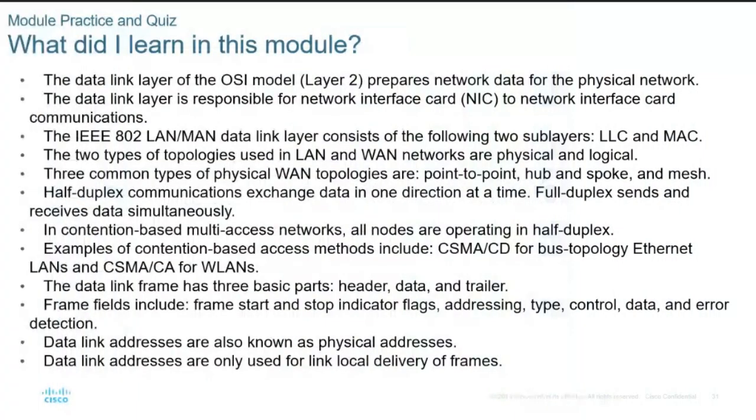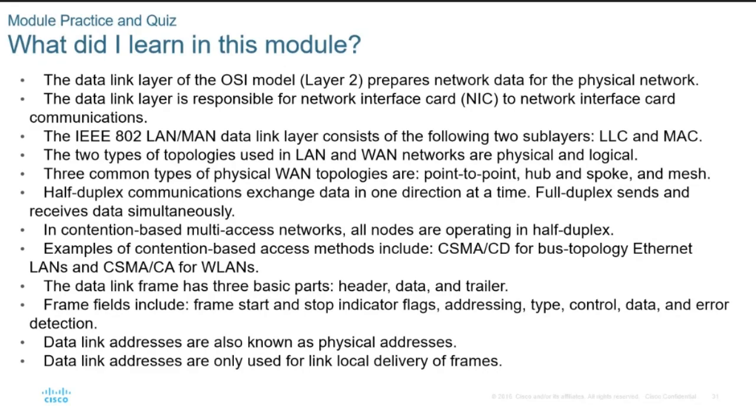So, what did you learn in this module? The data link layer of the OSI model, layer 2, prepares network data for the physical network. The data link layer is responsible for network interface card to network interface card communications.